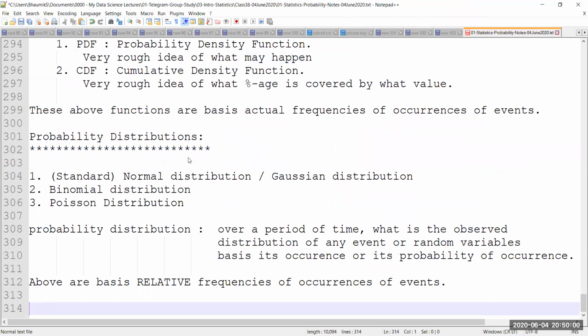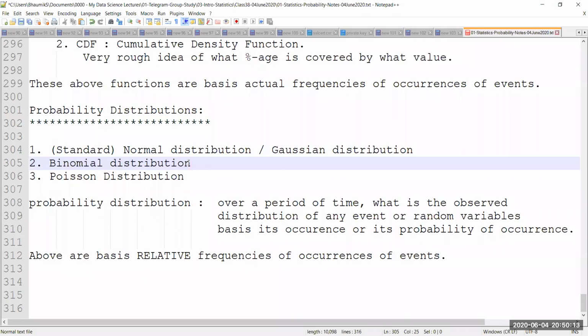Let's look into this. So probability distribution is what we have already defined in the last session. I'll just quickly do a recap. Over a period of time, I'm trying to plot the observed distribution of any event or any random variable.